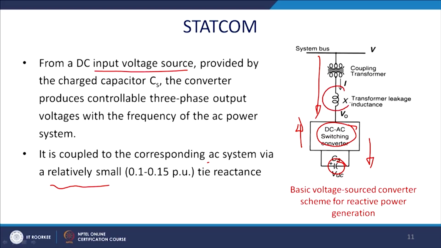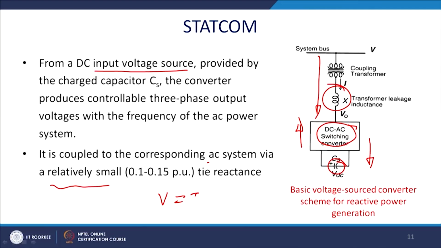This reactance is generally 0.1 to 0.15 PU. Sometimes students ask how to design the inductor of the STATCOM. The range of X should be 10% to 15%. So, you know you have a base voltage V.